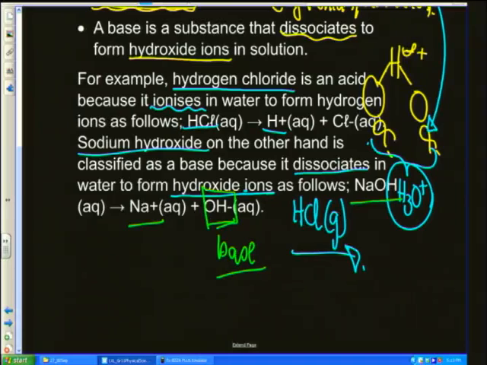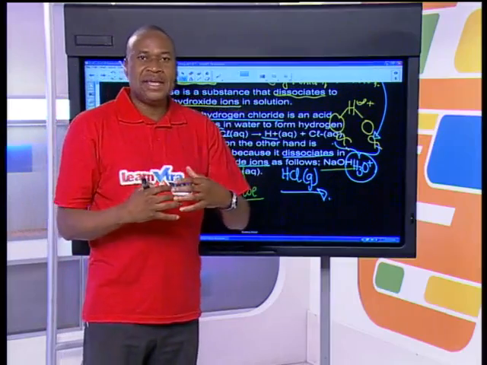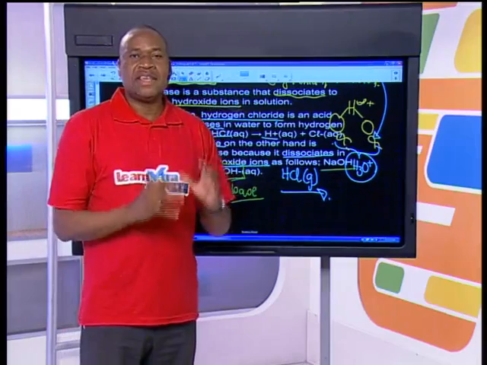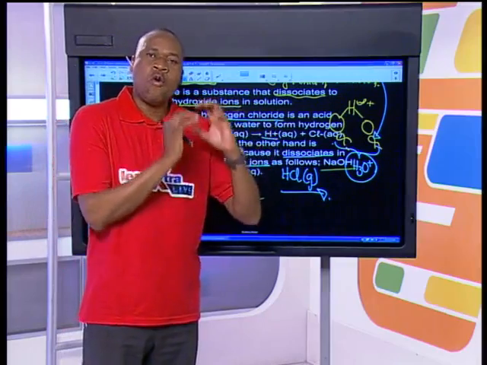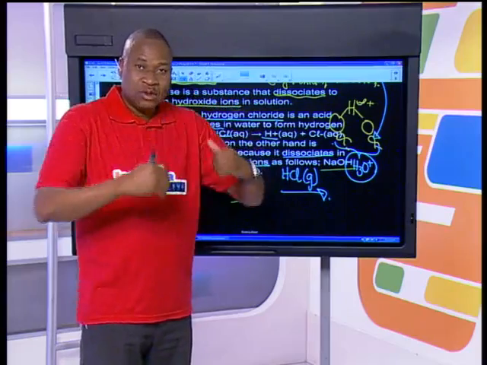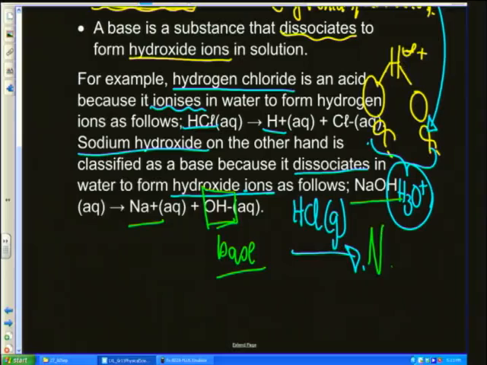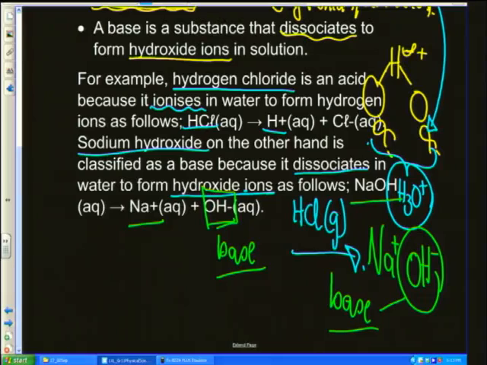So we say sodium hydroxide is a base because it dissociates in solution or in water to give us the hydroxide ions, the OH minus. It just dissociates. These ions were already there in our sodium hydroxide. So it dissolves in water, or dissociates in water, to give us that.